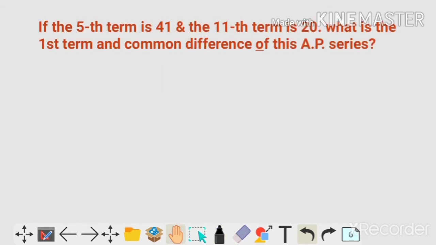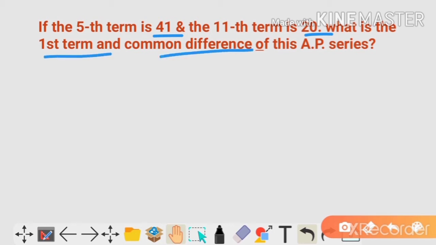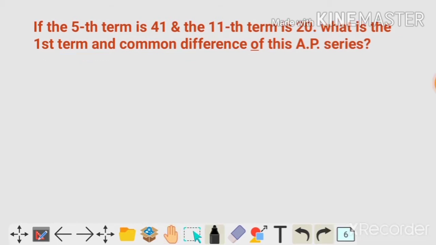Now the second problem says the fifth term is 41 and the 11th term is 20. Then what will be the first term and the common difference of this AP series? So now let's solve this question. Suppose the first term is A and the common difference is D. Okay.